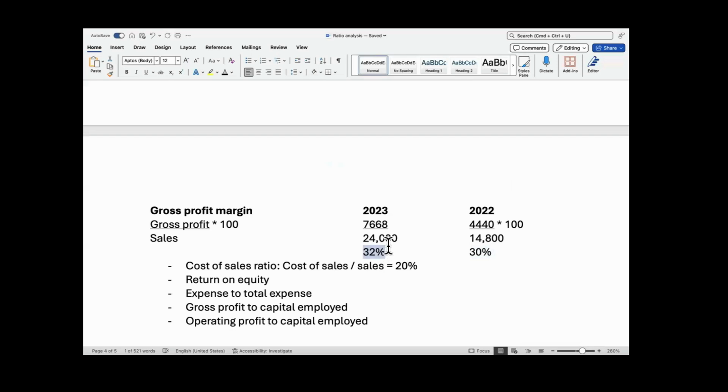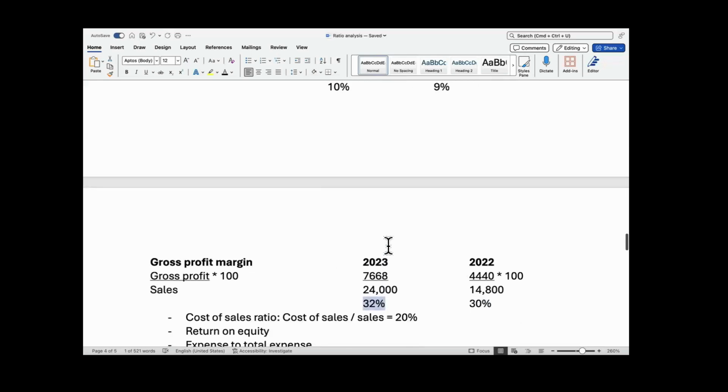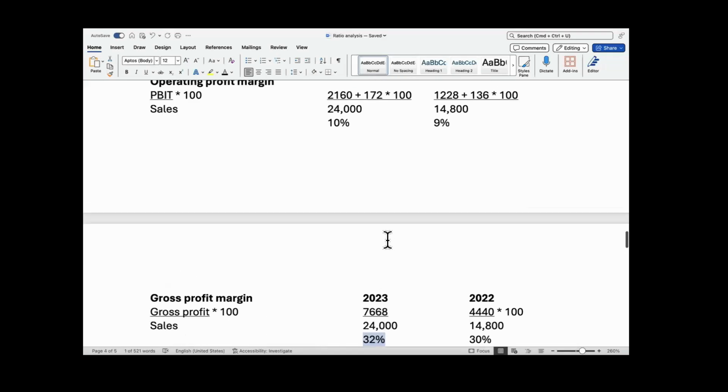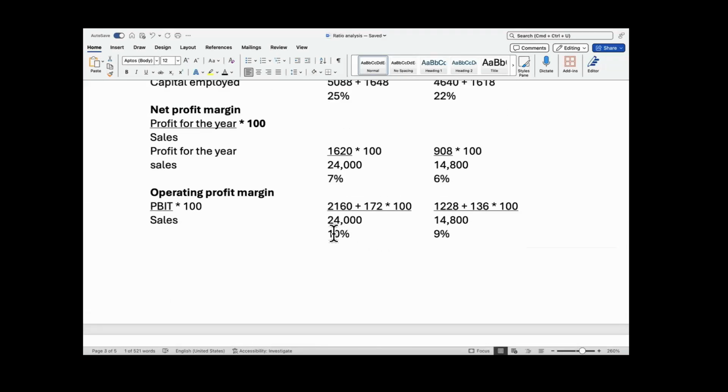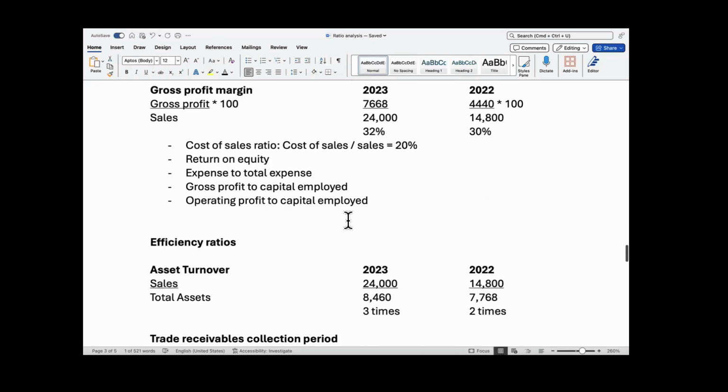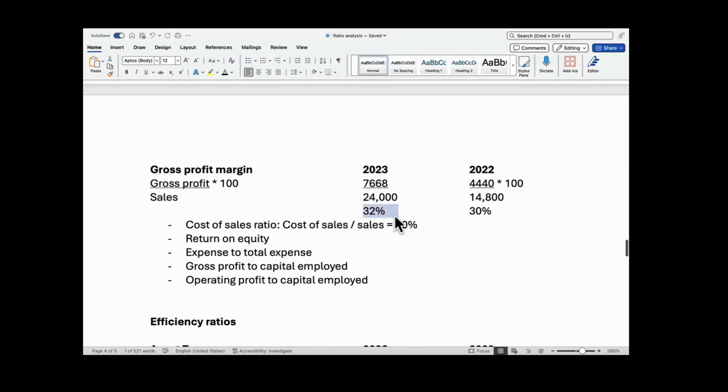But one thing I can notice is that the gross profit margin was over 30%, but the operating profit margin and net profit margin are a little low compared to this gross profit margin. So I need to say something about that.